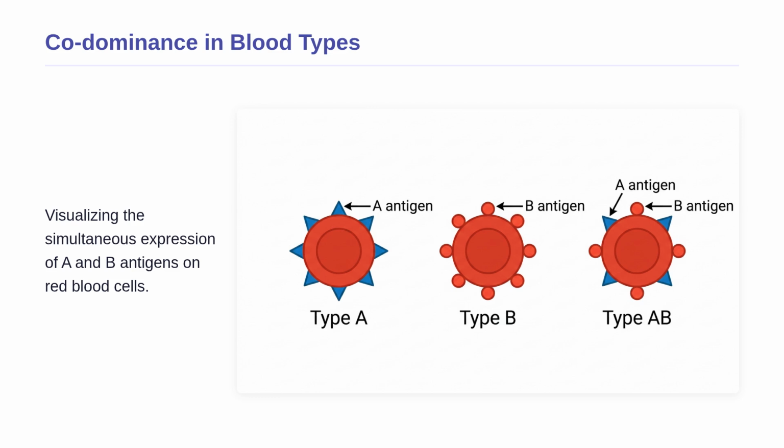It does not have a blended intermediate antigen. Instead, it proudly displays both the A antigens and the B antigens at the exact same time. This visual perfectly captures the essence of codominance, where both genetic instructions are fully and independently expressed.